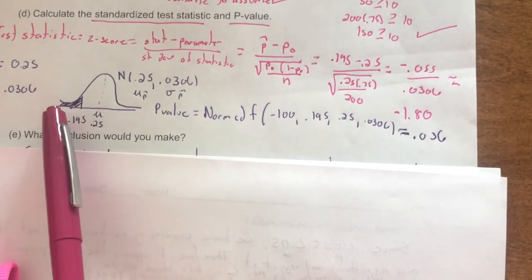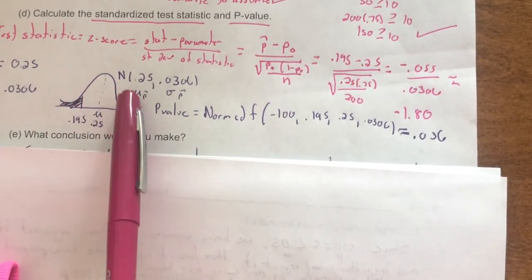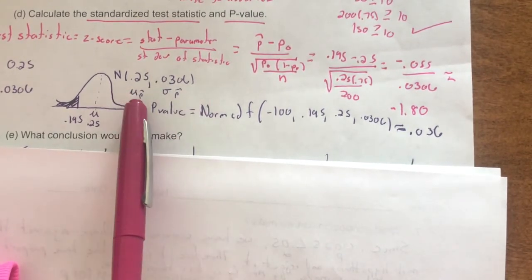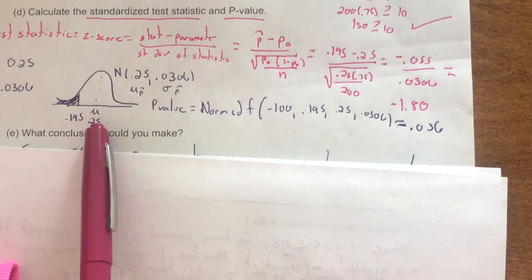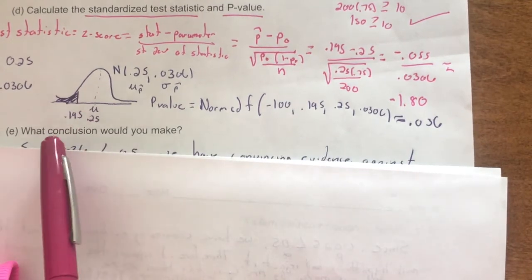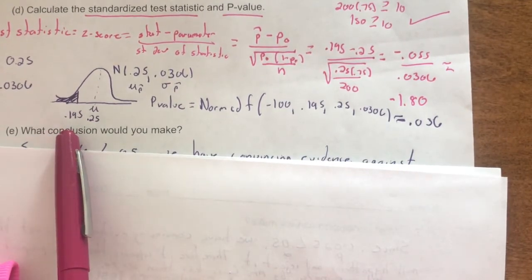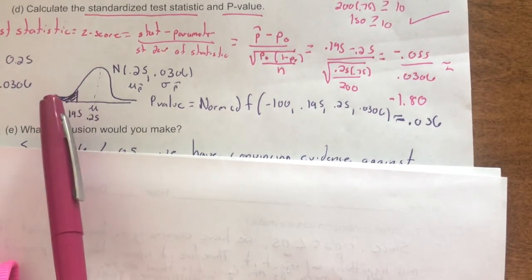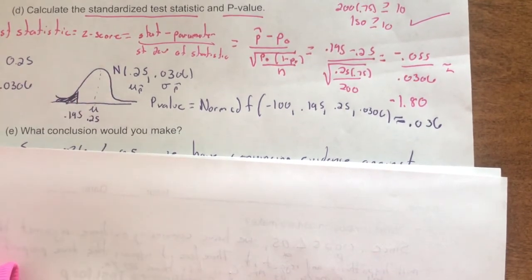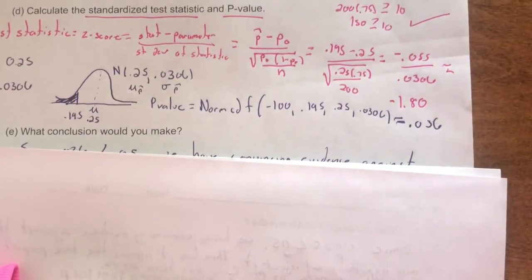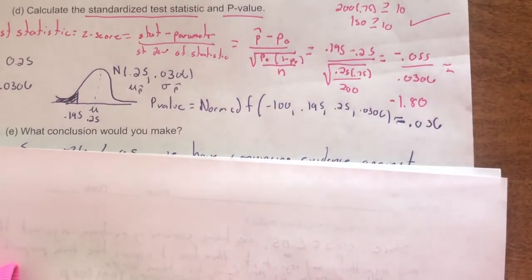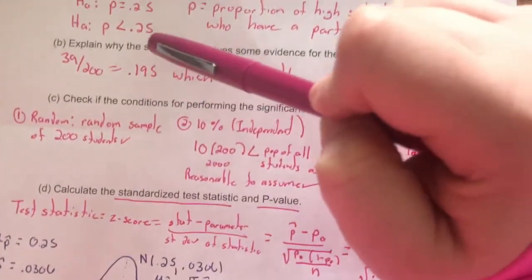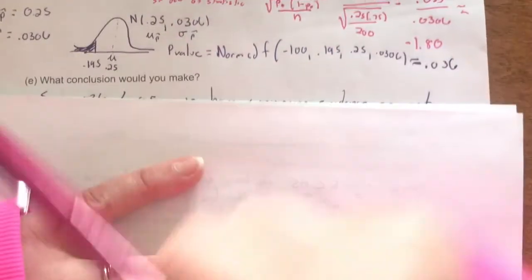So now we're going to go ahead and draw our normal curve. We're going to label it normal with the mean of 0.25, 0.036, label the mean and standard deviation. Put your mean on there. Go ahead and put where 0.195 would be. And we are going to shade everything to the left because we are finding the percentage from our data and in the direction of our alternative hypothesis, which is less than 0.25.